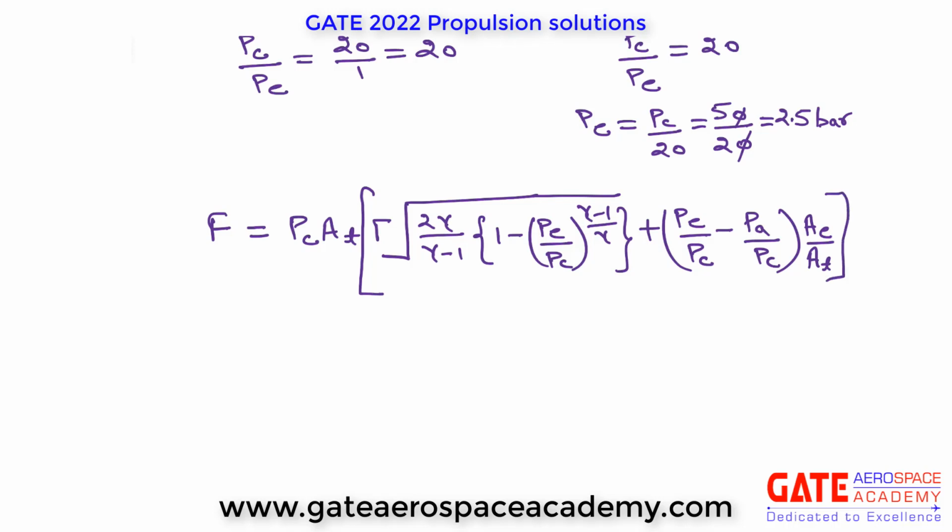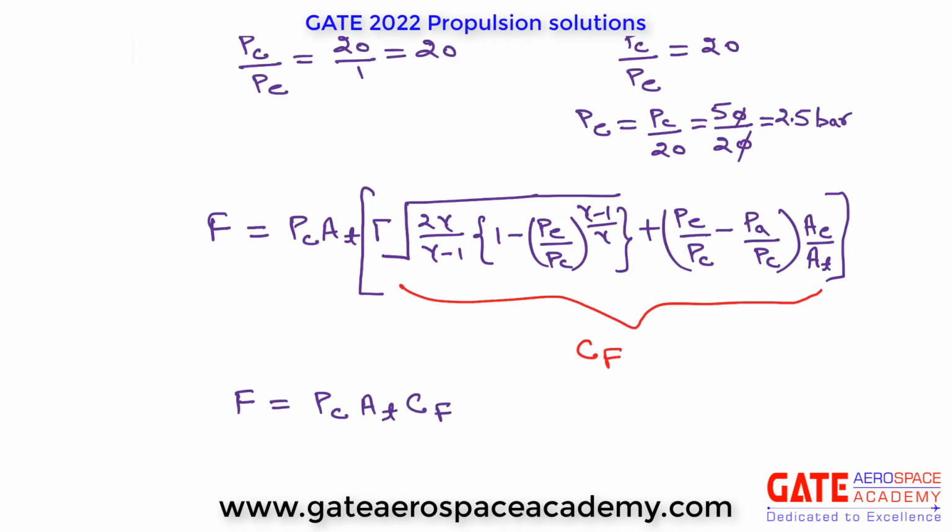This we have derived in the class, right? And this complete term is CF, thrust coefficient CF. So we can write F is equal to PC AT into CF.